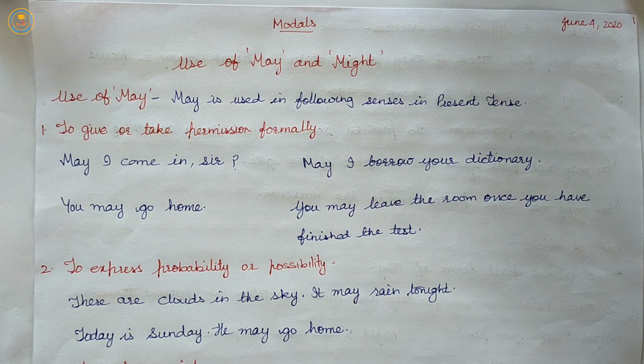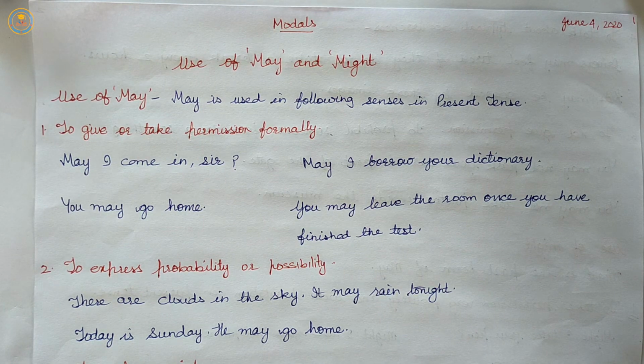Today, first we will clear up the confusion between may and might and outline the characteristics of each of them. Then we will study the use of must and have to. So let us begin this topic with the use of may and might.